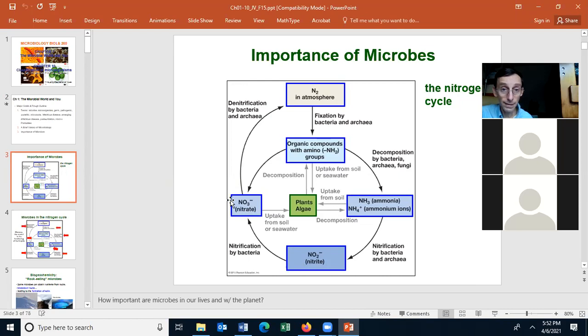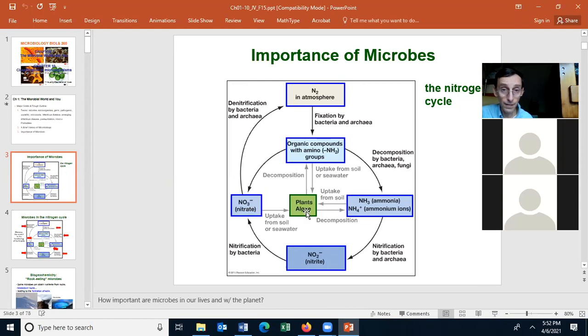And green plants love nitrate. If you look on your plant fertilizer, it'll generally have a nitrate in it. And green plants can take that up, and that's the form of nitrogen that green plants utilize and love.